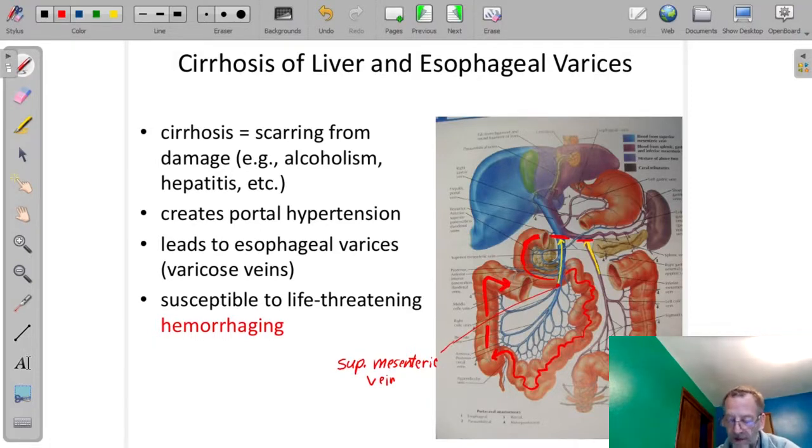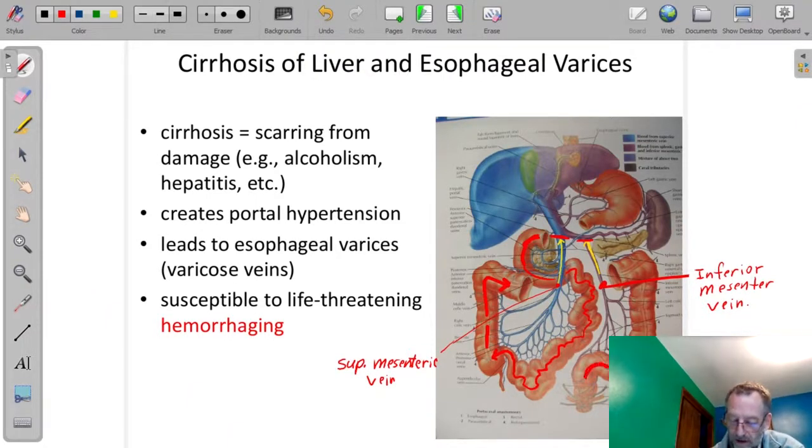The inferior mesenteric, the other leg of the chair, is draining blood from the lower portion of the digestive system, the alimentary canal.